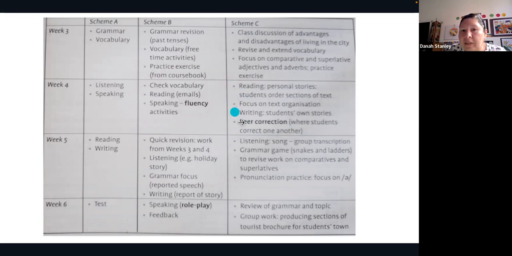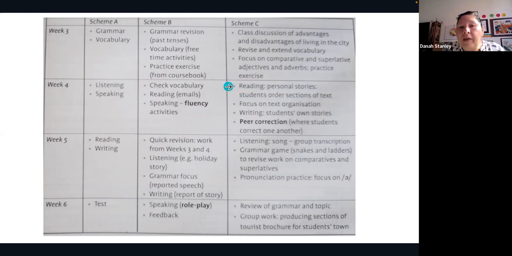This is practice. If you realize, all these activities are practice. Here in the production, doing something, they listen and write. They play, in order to use comparatives, superlatives, and adverbs of degree.